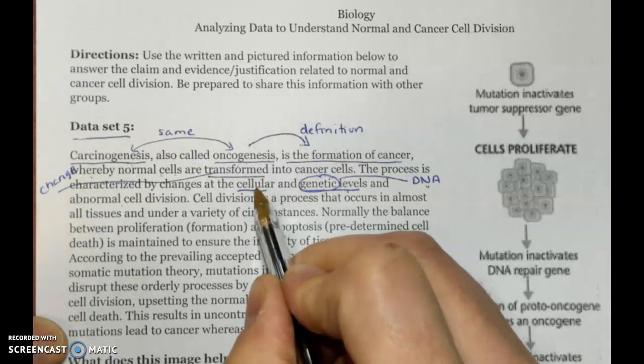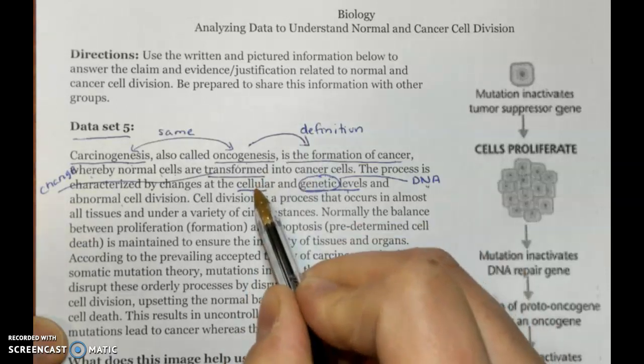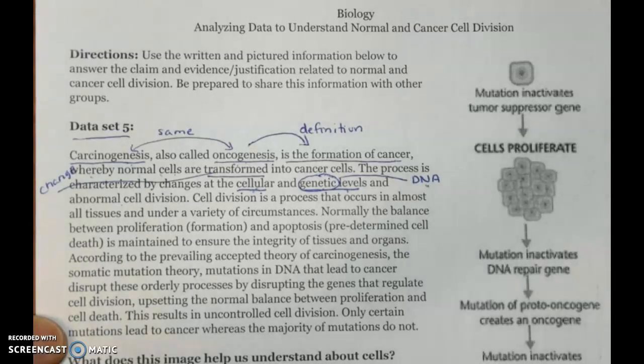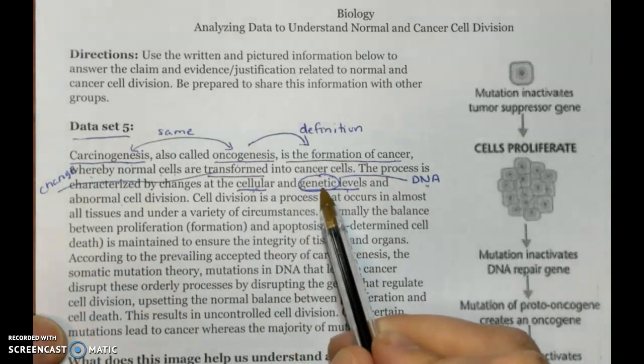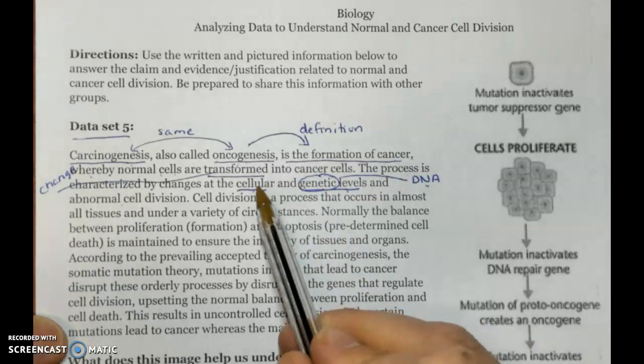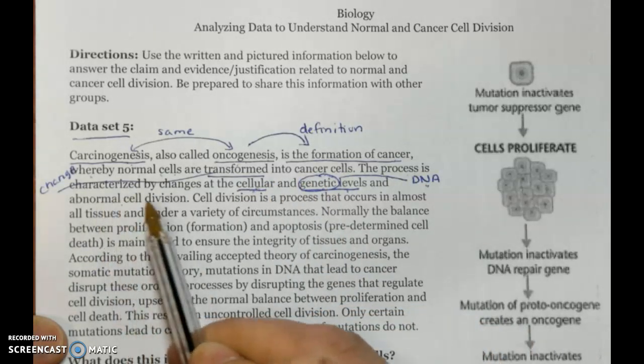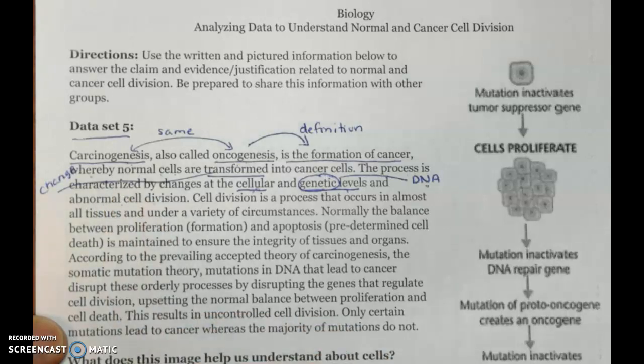And when cells change, they can, but not always, but they can become damaged. Kind of like what we saw with the picture in our first handout that we received. We had normal cell division and cancer cell division, and we saw that in normal cell division, damaged cells go through apoptosis and they die. Damaged cells in cancerous cell division become damaged, and those cells do not die. They go through abnormal cell division, they continue to grow instead of die.